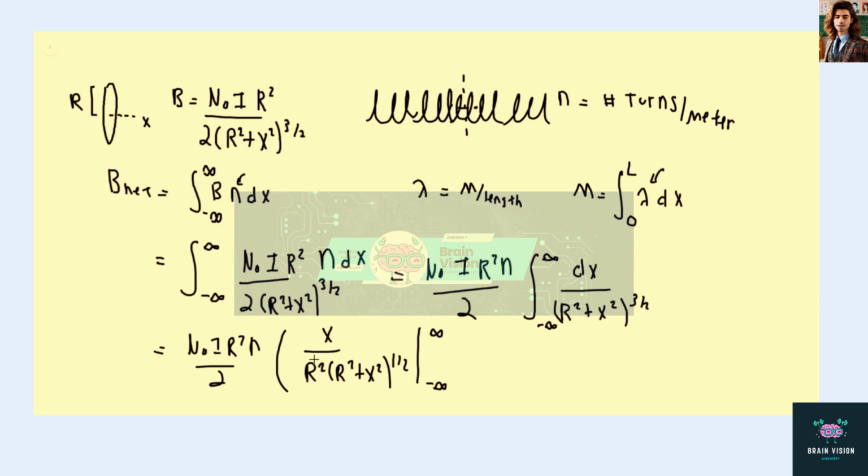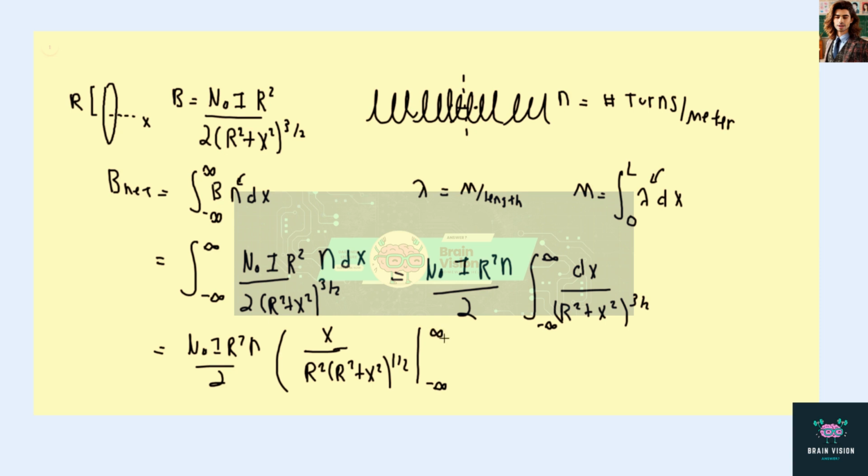We can pull out the r squared in the denominator here, and then we'd be left with just x over r squared plus x squared to the 1/2. That's pretty easy to evaluate at infinity and negative infinity. This r squared won't really matter. We'll have x over x squared to the 1/2.